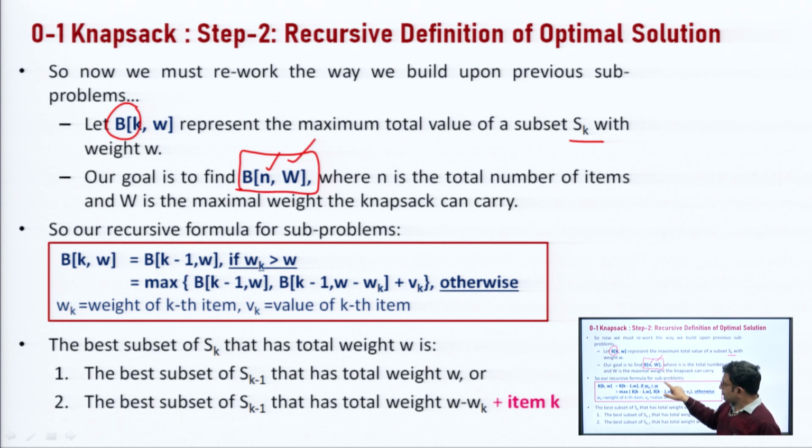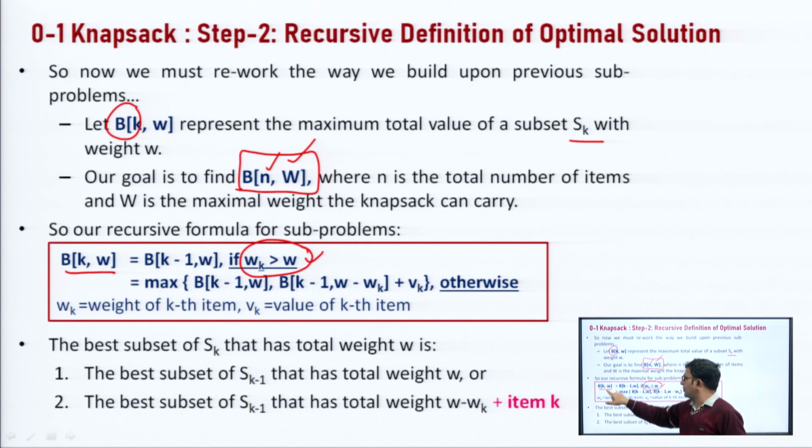Now, if we talk about the recursive formula, it says that B[k, w] is equal to B[k-1, w] if wk is greater than w, meaning the weight of the kth item is greater than the current weight w. In that case, the value of B[k, w] will be equal to the previous block value.